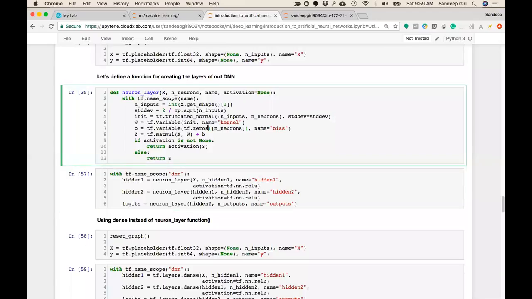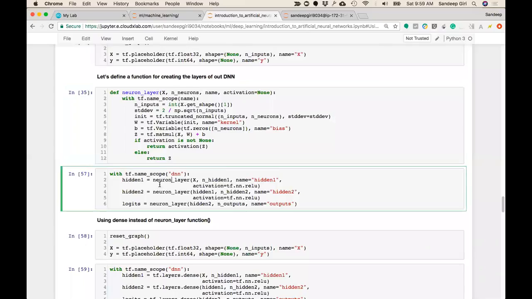So once you have defined this function neuron layer, you can use it to create your layers like this. You could say tf.name_scope, and then here we create another name scope, and in here we call the same function 3 times. First we create the input layer by passing it this, and then we create the hidden layer by passing the input layer.